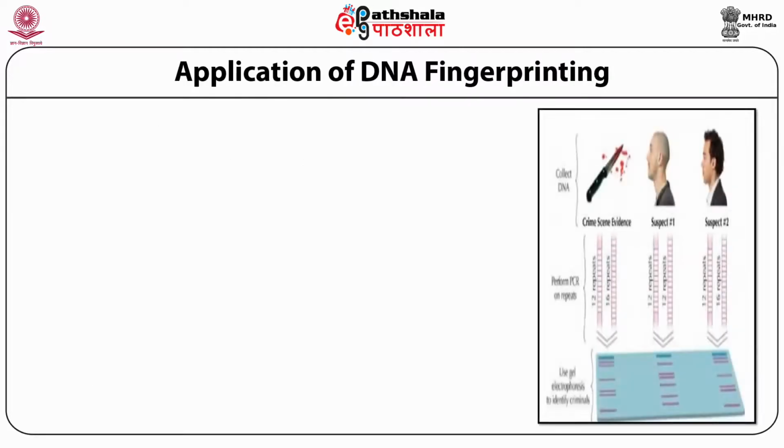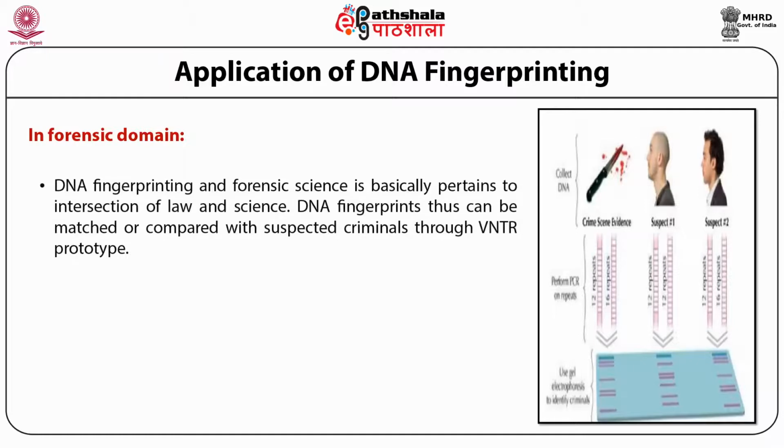Now you will be acquainted with different applications of DNA fingerprinting, which include application in the forensic domain. DNA fingerprinting and forensic science basically pertain to the intersection of law and science. DNA fingerprinting is highly specific and unique.